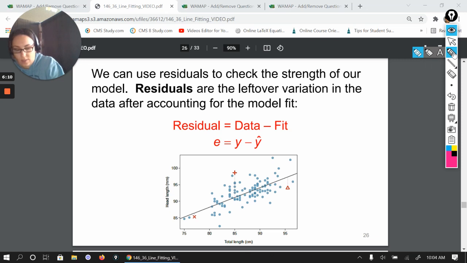So if you take a look at this plus sign here, which we can call a data point, this is y, then the residual would be the distance between that and the line. And so the place on the line is y hat. It's the prediction. So the actual data value minus the predicted value equals the residual.